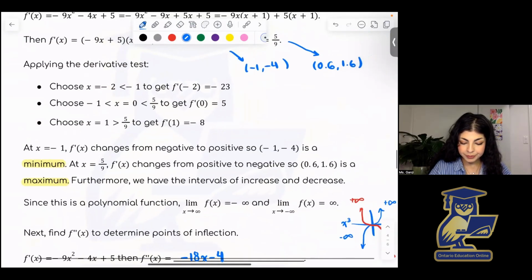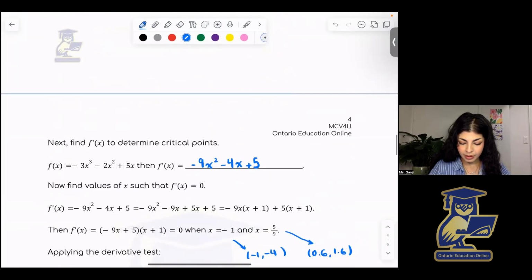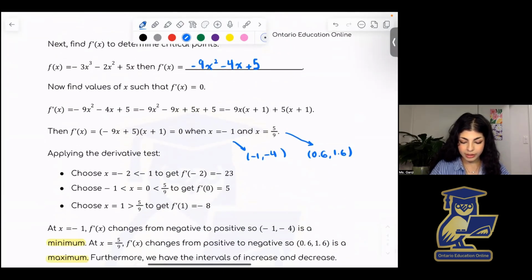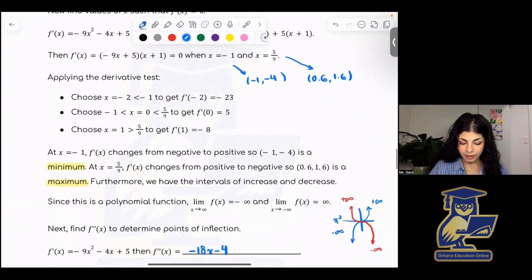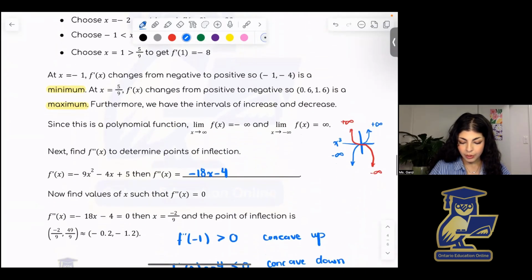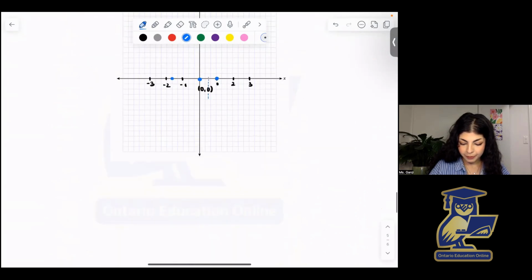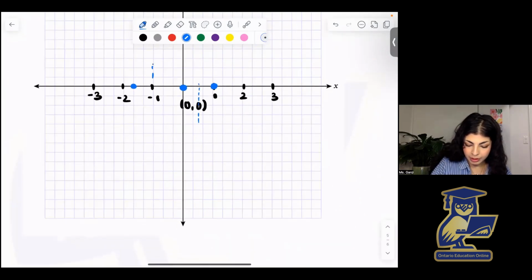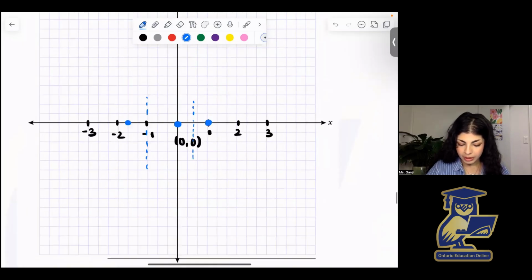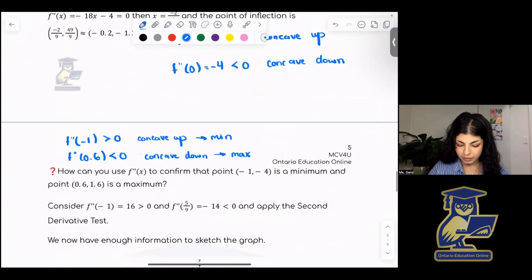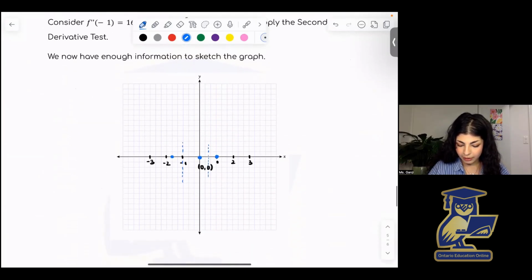And so we have the x-intercepts and y-intercept. We need the minimum and maximum. So we also have this one here. Oh, and I think I actually found those 2 points. So there we go, -1, -4.